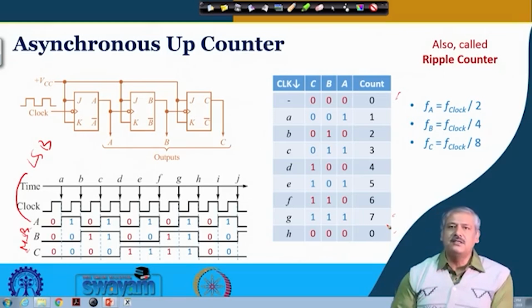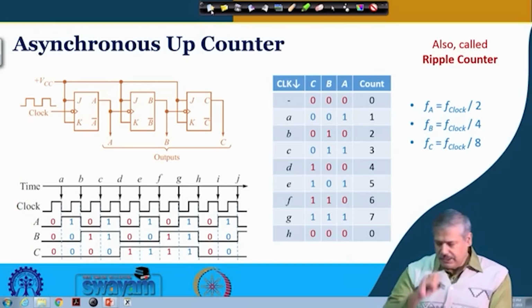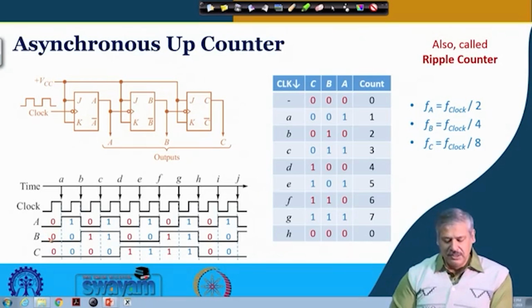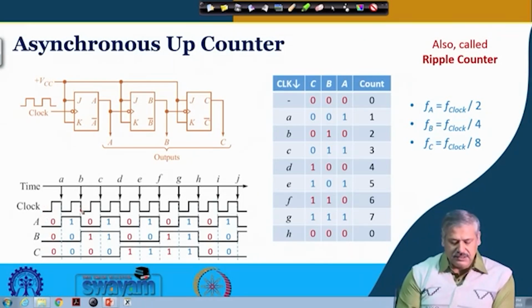So what is it? It is nothing but an up count, the number is sequentially increasing, and it is a modulo 8 counter because 8 distinct states are there. Now if you look at the output of flip flop A, for every 2 changes in clock, 1 change is happening here.